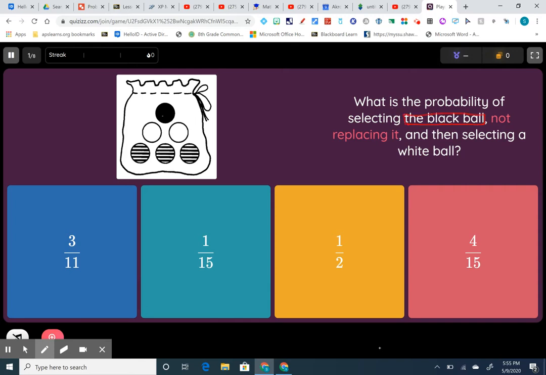We can see that there's 1, 2, 3, 4, 5, 6 balls total. And there's one favorable outcome over 6.